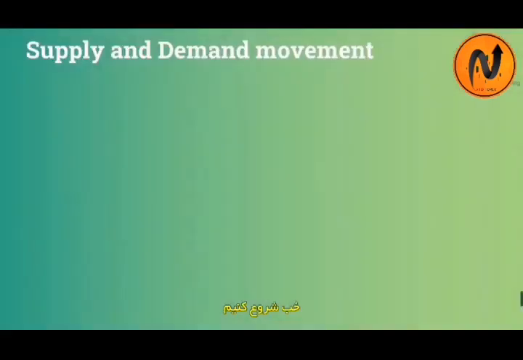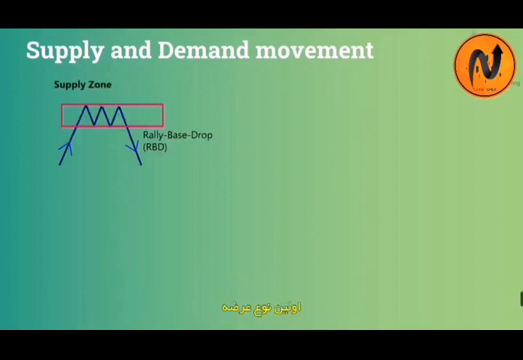The supply and demand movement actually consists of only four types of movement. Very, very simple. The first type of supply zone is a rally base drop. It's a rally, then a base, and then a drop. The top area here is what we define as a supply zone.